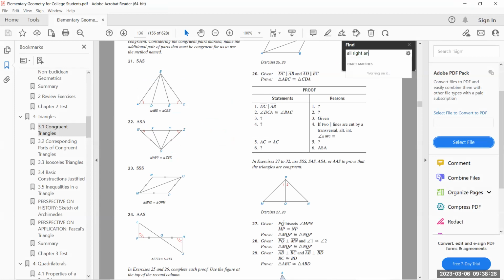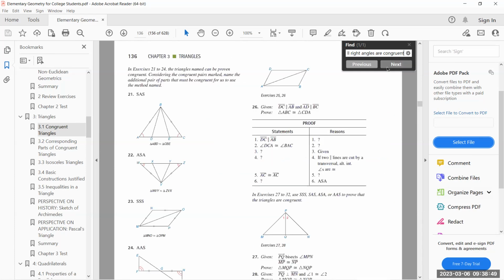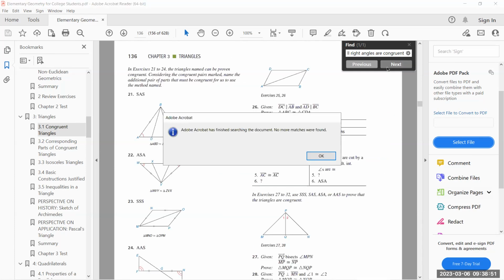Right angles are congruent. If you remember, this is another statement. All right angles are congruent to each other because they all measure 90 degrees.